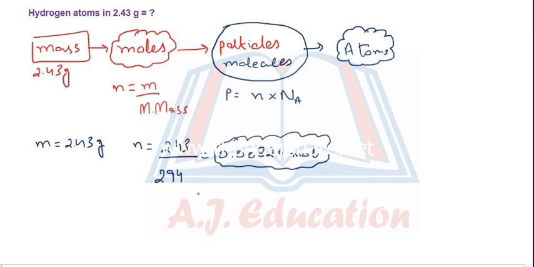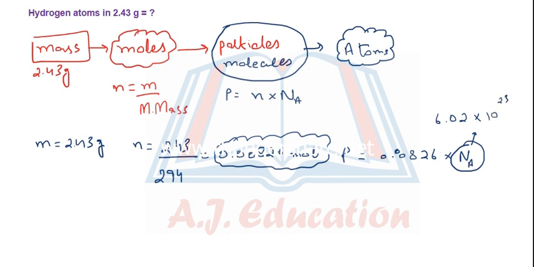Now let's just calculate the number of particles, that is the number of molecules of aspartame in this quantity of aspartame. So particles, that is number of molecules of aspartame, will be equal to number of moles, that is 0.00826, into Avogadro's number, and we know that Avogadro's number is 6.02 into 10 raised to power 23.